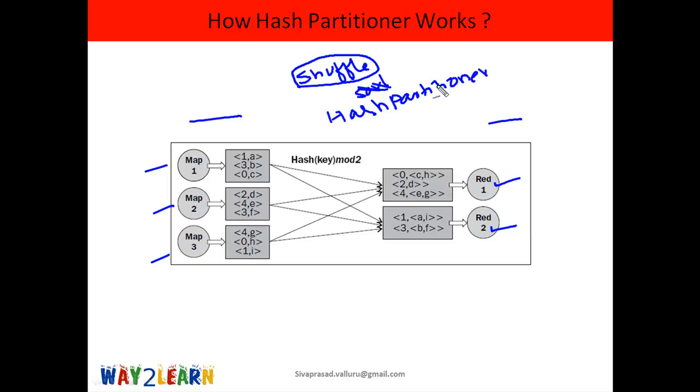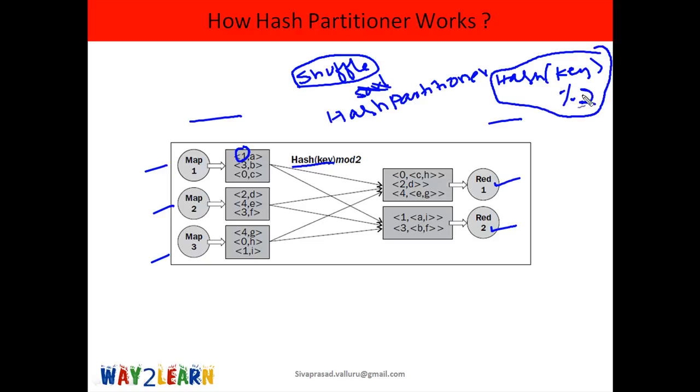What the hash partitioner does is it computes the hash of the key, modulus, I hope you know what modulus is, the number of reducers. It's a value, it's a number. The number of reducers in this case is 2. So this will either return 0 or 1, right?